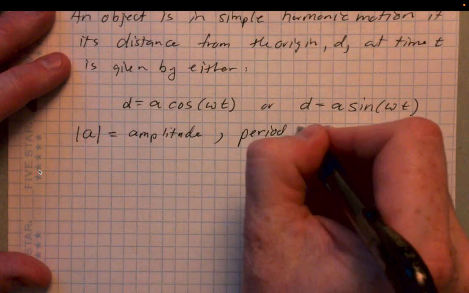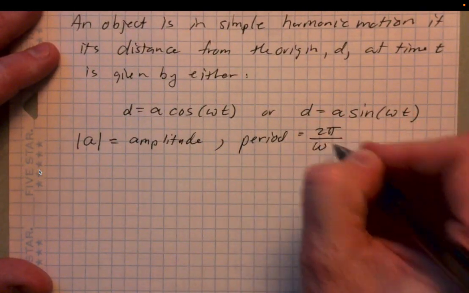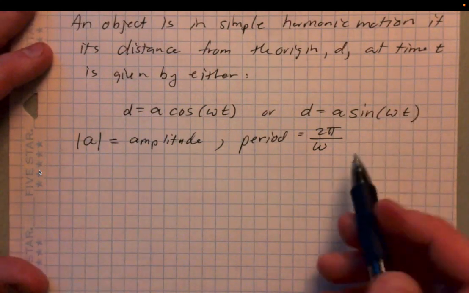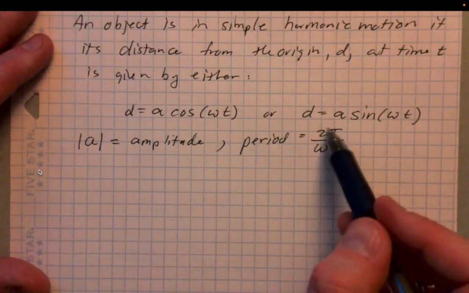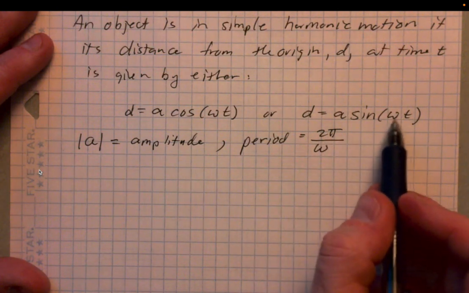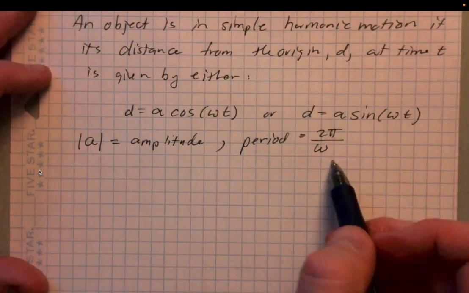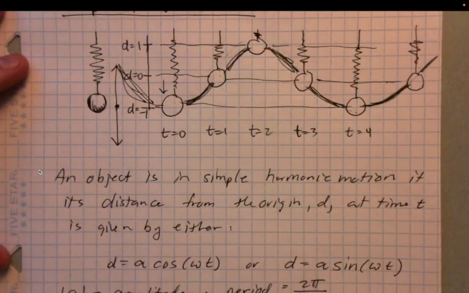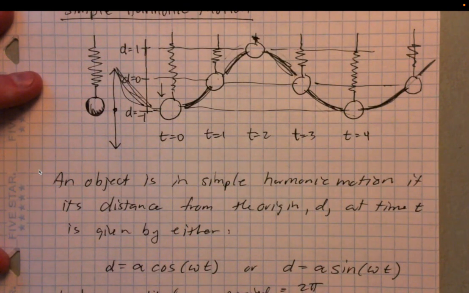The period is equal to 2 pi over, in this case, omega. There's no displacement here, so there's no phase shift that we have to worry about. We're just going to worry about period and amplitude. So this omega, this coefficient on the argument t, when you divide 2 pi by that coefficient omega, you get the period. Now remember, the period is how long it takes before the object starts to repeat itself.